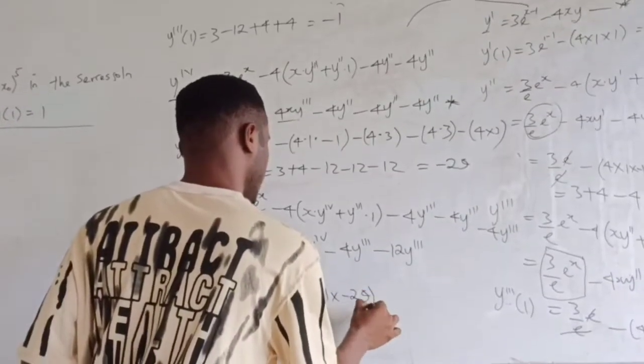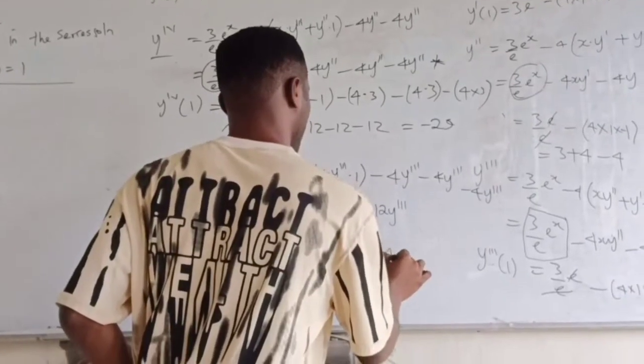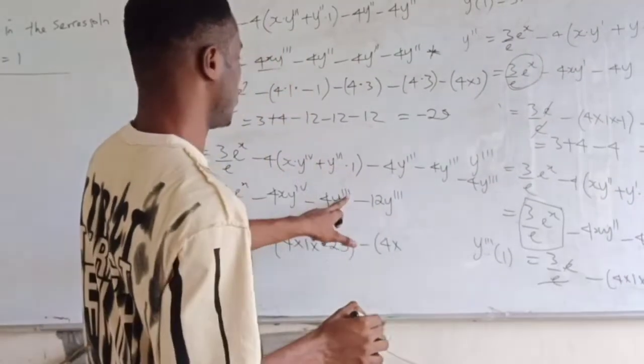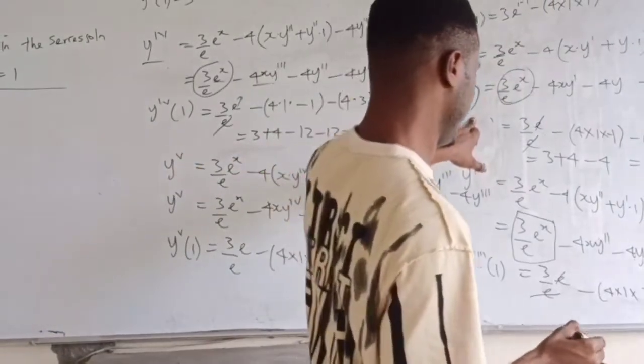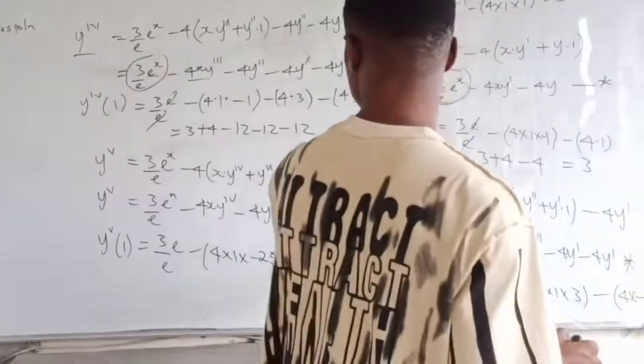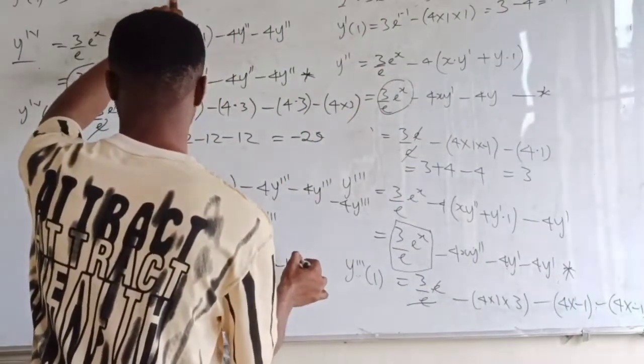So negative 29, minus 4 times y to the third differential. Our y to the third differential is negative 1.